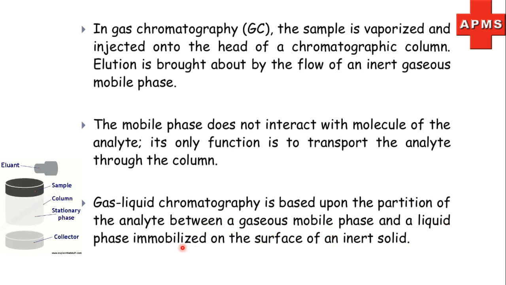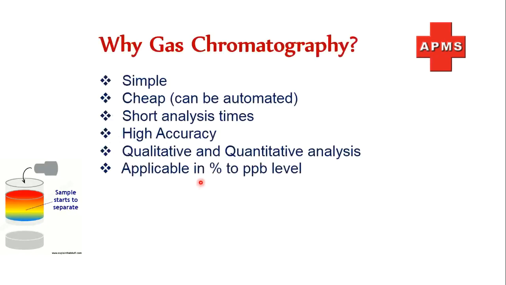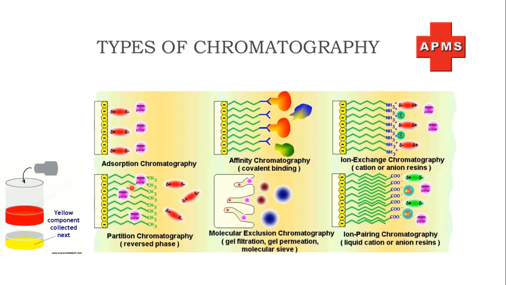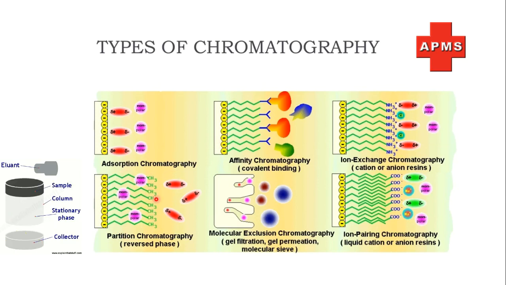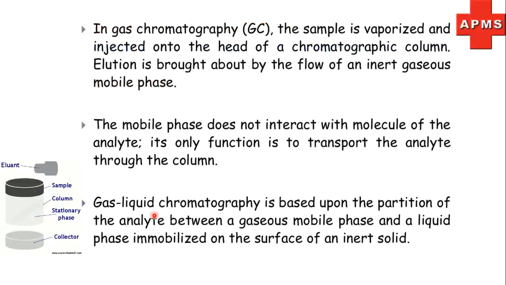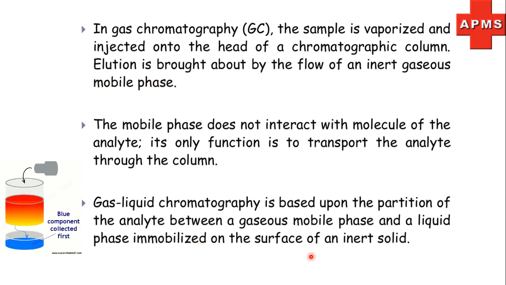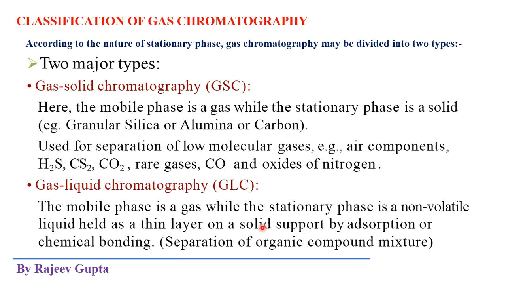On inert solid particles, this liquid phase, which we saw in the earlier slide, this green colored layer which has methyl groups at the end, is immobilized, meaning coated over these solid particles. So this immobilized phase, coated on the surface of the particles, will work as the stationary phase, and the mobile phase will contain this gaseous sample.